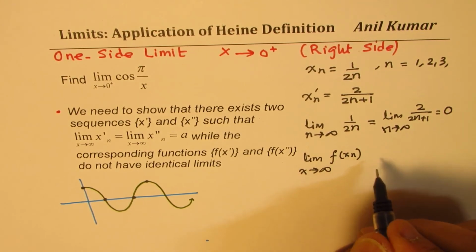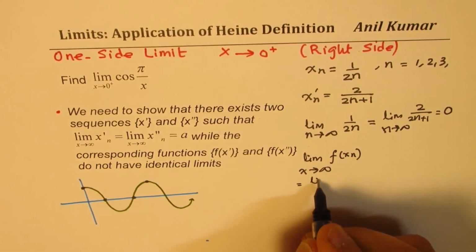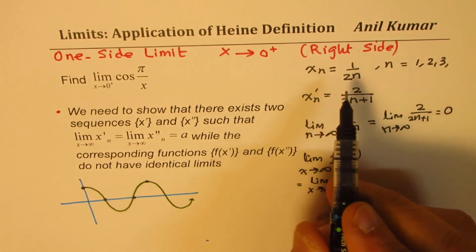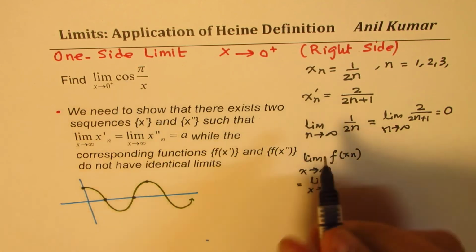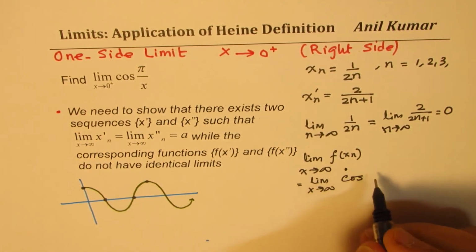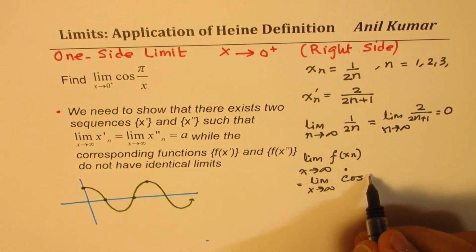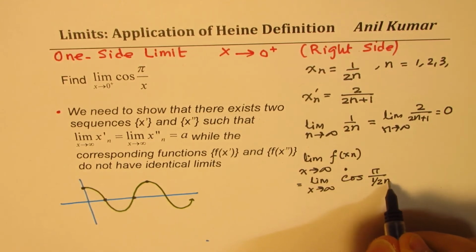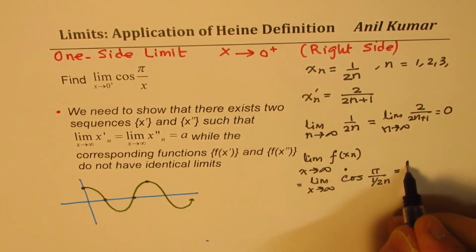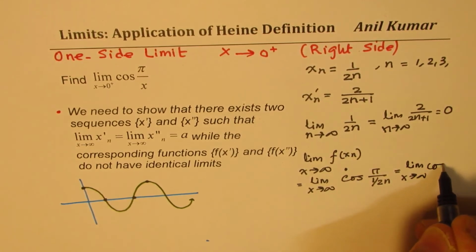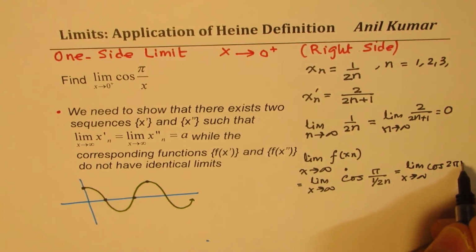Now f of x_n is basically the limit as n approaches infinity of cos of pi over x_n. So this is the function, correct? We could write this by replacing x with 1 over 2n, which gives us the limit as n approaches infinity of cos of 2 pi n, right?